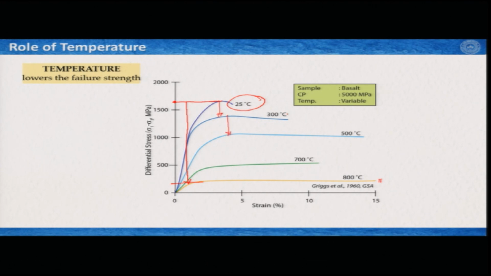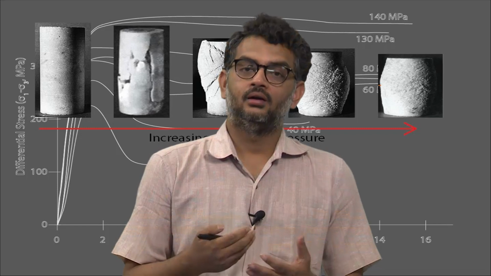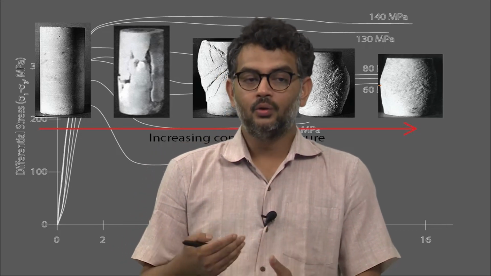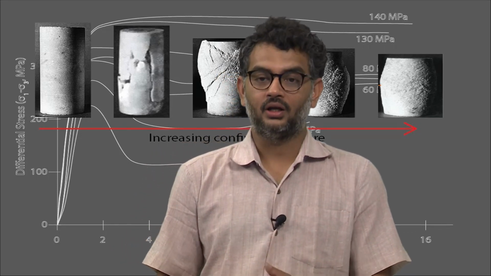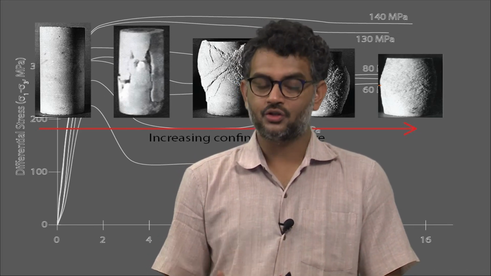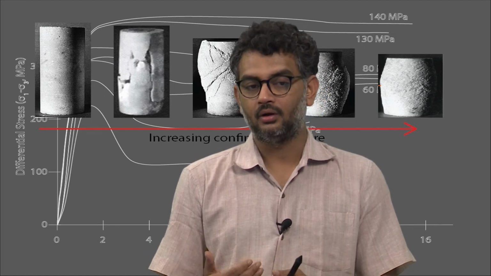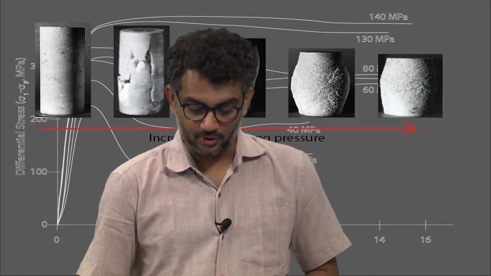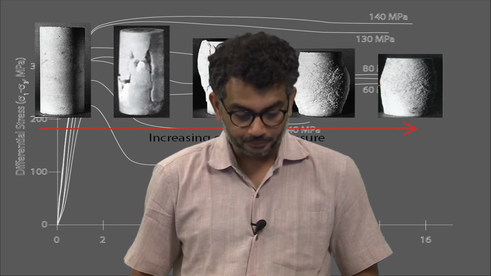So, 25 to 300, 300 to 500, 500 to 700, 700 to 800, the strength or the flow stress of this basalt slowly decreased with the temperature. So, you can conclude from this plot that rocks have lower failure strength when you increase the temperature, or it flows at low pressure, low differential stress when the temperature is much higher.